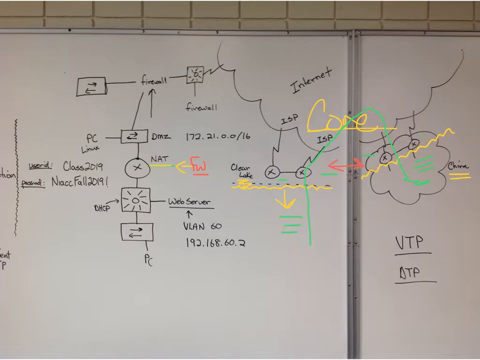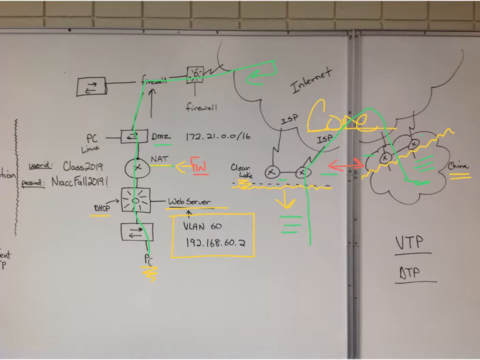Alright, so then the students worked on this. We had a little bit of trouble setting up the web server, so I'm going to work on that for Tuesday. Doing DHCP here, everything seems to be working. Our PCs are connecting. They're able to go all the way out to the internet and back through the DMZ.